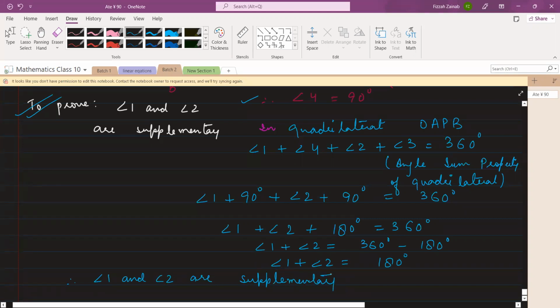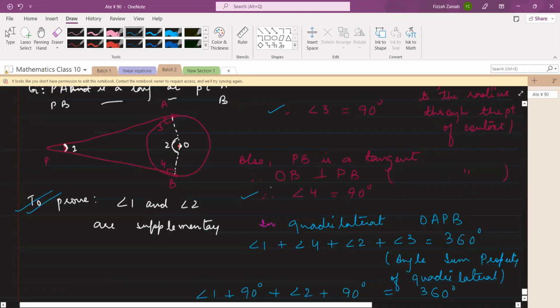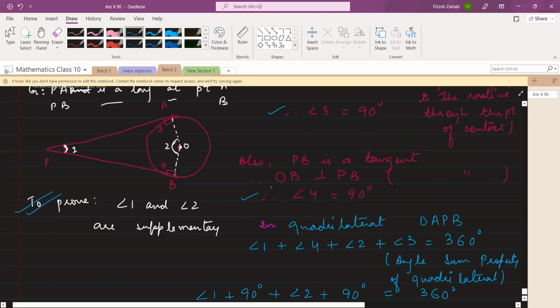Instead of proving that both angle 3 and 4 are 90, can we just prove one and state the other is similar? Yes, you can.